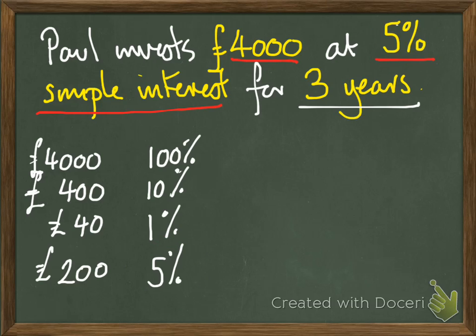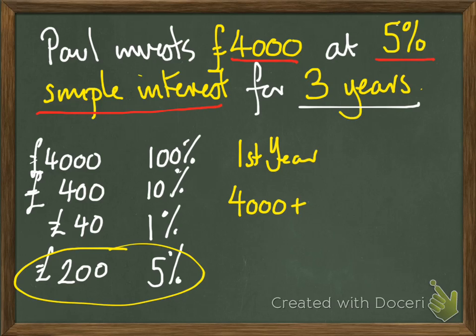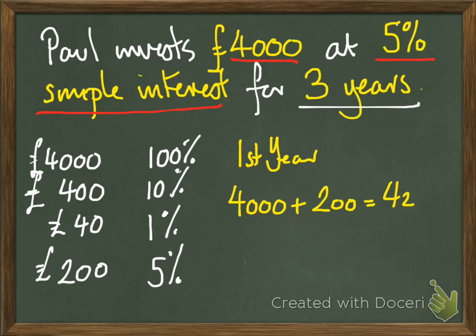So my calculation simply now is, at the end of the first year, I've got £4,000 plus my 5% interest, which is £200. So that is £4,200.